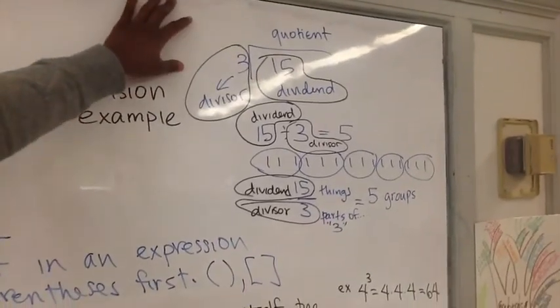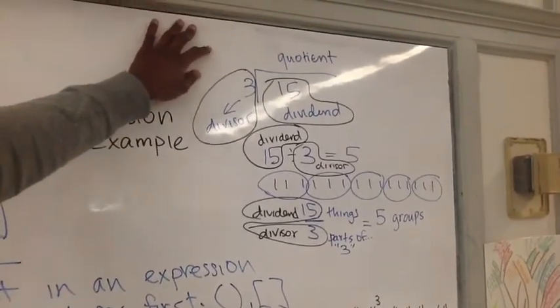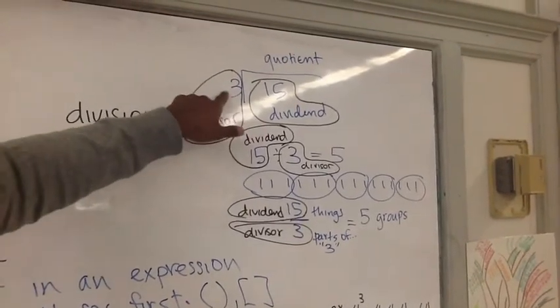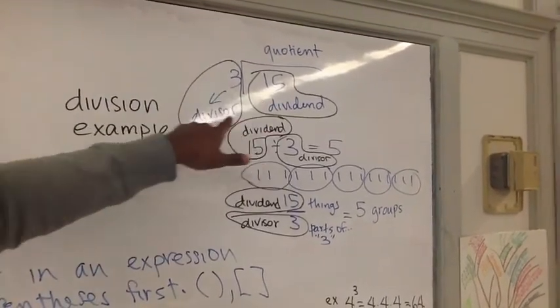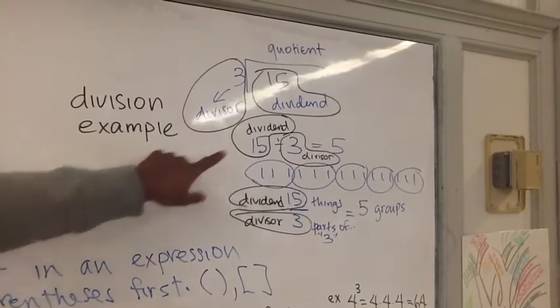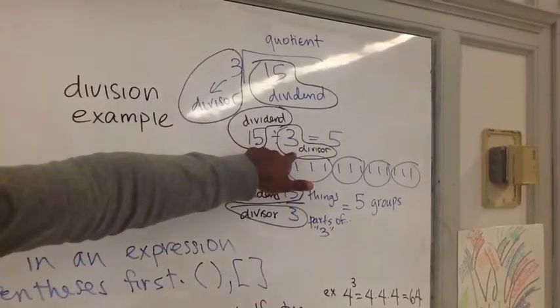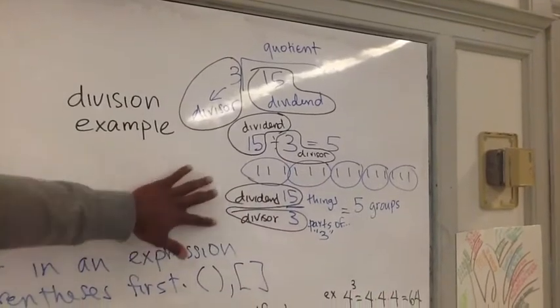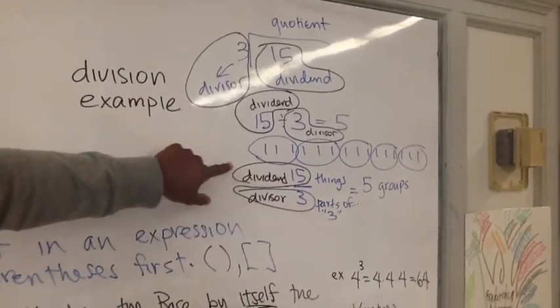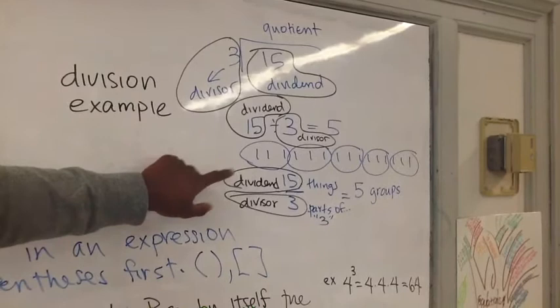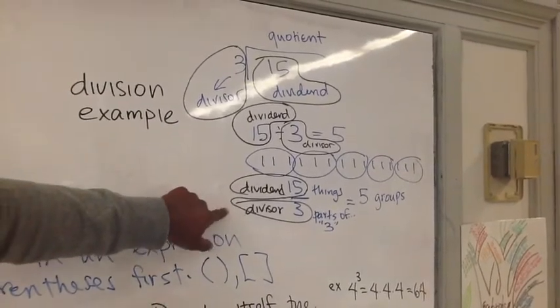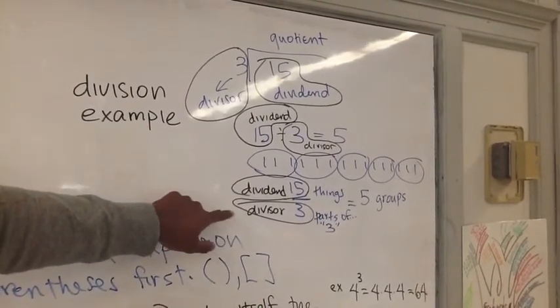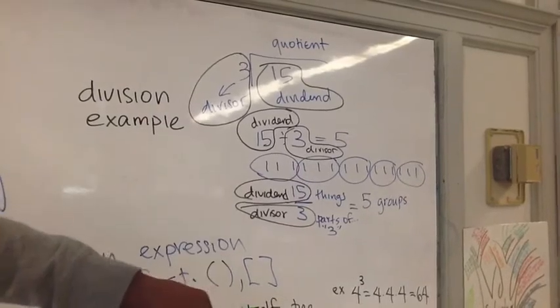The typical division problem looks like this: 15 divided by 3, where the dividend is 15 and the divisor is 3. Here we have 15 divided by 3 again, where the dividend is still 15 and the divisor is 3. And here we have a fraction with 15 on the top as the numerator, which is the dividend, and 3 on the bottom as the divisor, which is the denominator of the fraction.